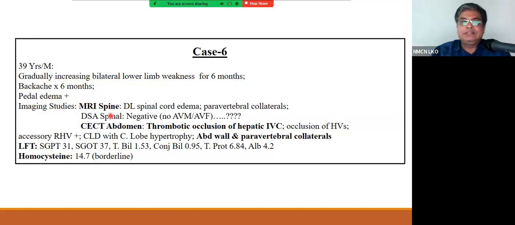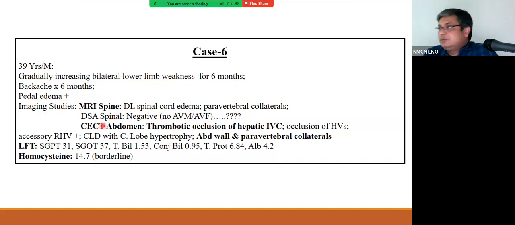MRI spine was done, and dorsolumbar spinal cord edema was noted with paravertebral collaterals. In such a condition, AVF or AV malformation was suspected.